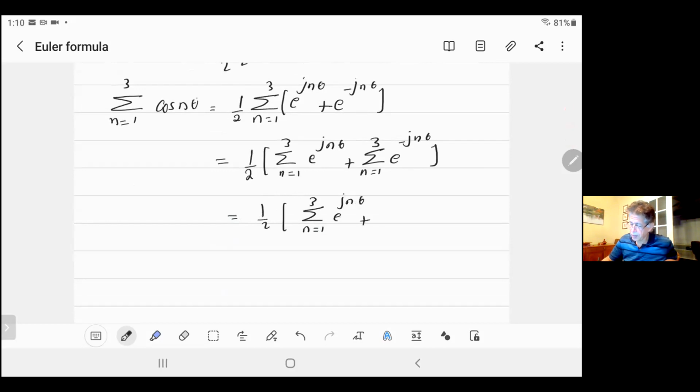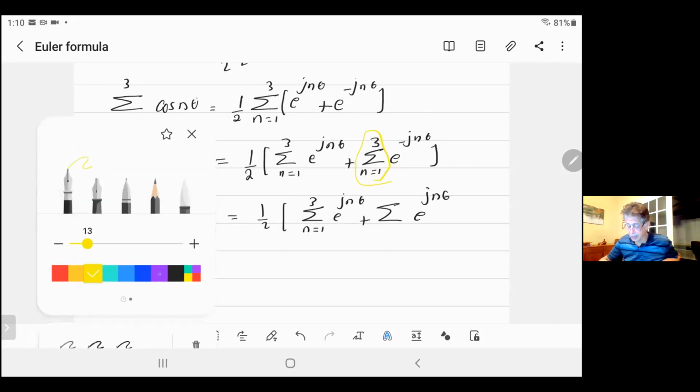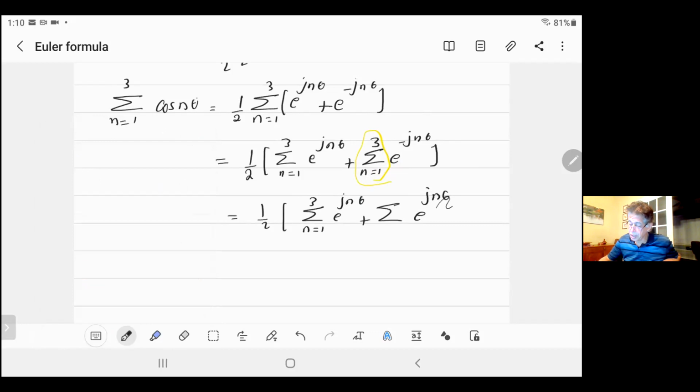Now, for the second term, do you think it will be appropriate to use n from 1 to 3 in this expression? Do you think it's still valid? I mean, should I keep the limit, or should I add a negative sign? Yes, of course. To keep the second term like this one, I just write n from -1 to -3, and I will get the same result, right?